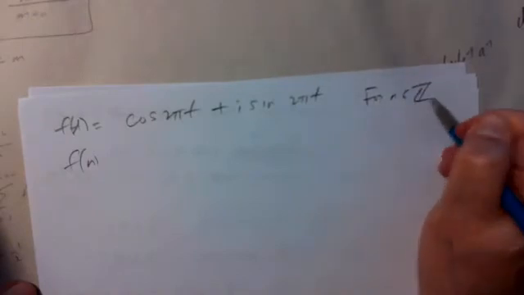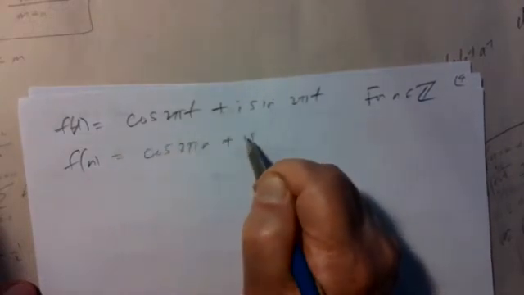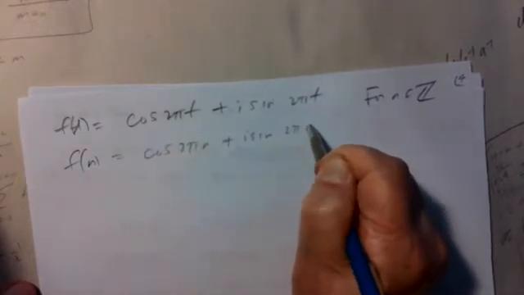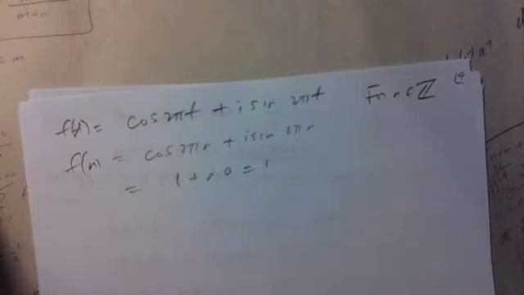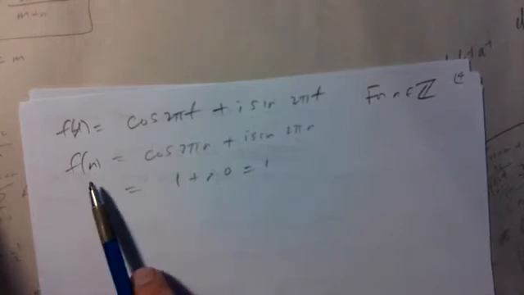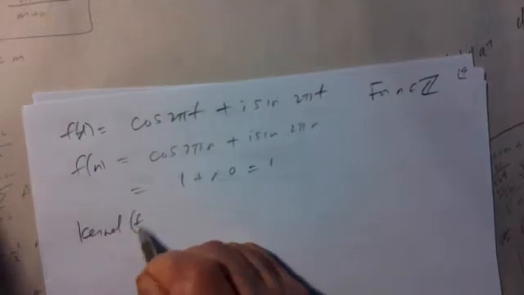For an integer n, f of n is cosine 2 pi n plus i sine of 2 pi n. That's equal to 1 plus i times 0, or 1. And that's the only time that f of t is equal to 1. So the kernel of the function f is just the integers.